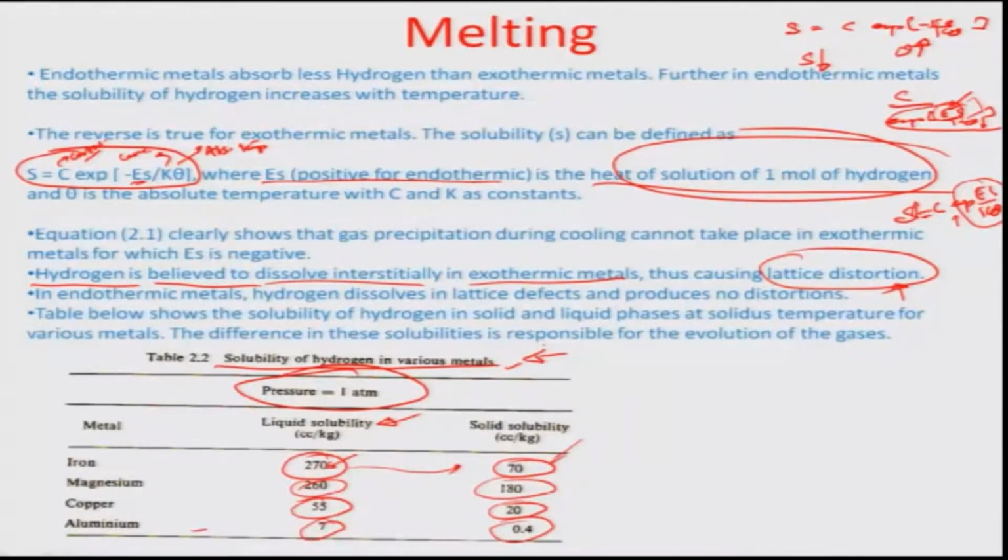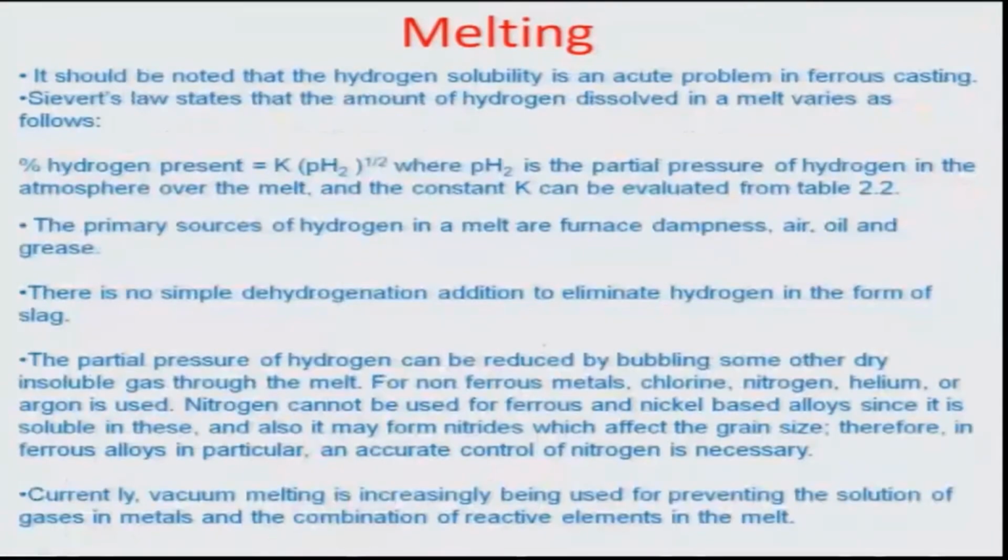Okay. And in a way, the other important factor here which we would like to see is whether there is a quantification of the percentage hydrogen present as a function of the partial pressure of the hydrogen which is around.